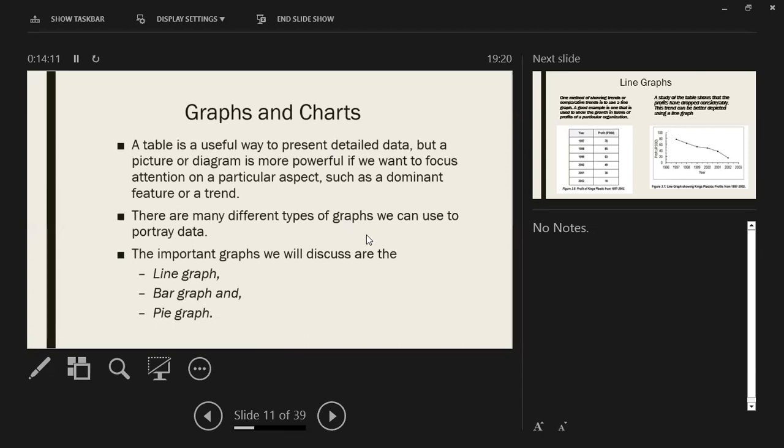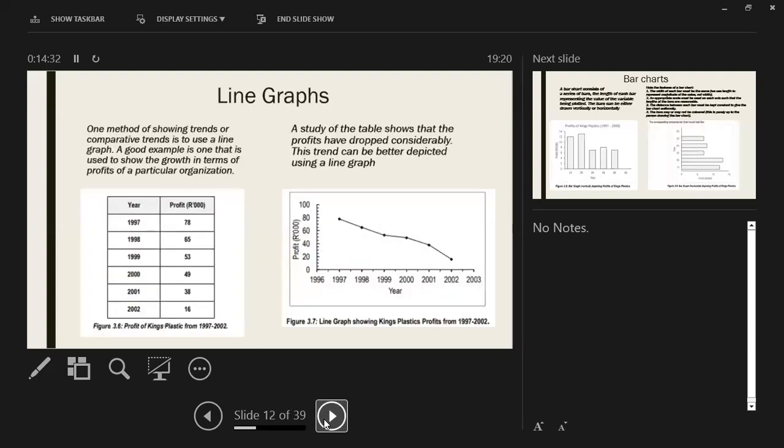So if you want to show a peak or a trend, it's better to depict that in a picture rather than in a table. There are many different types of graphs which you can use to portray data. You can use a line graph, a bar graph, or a pie graph.